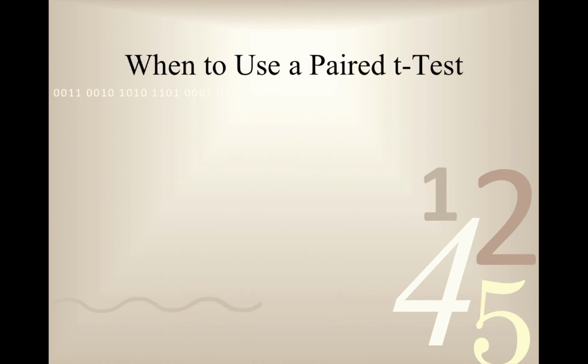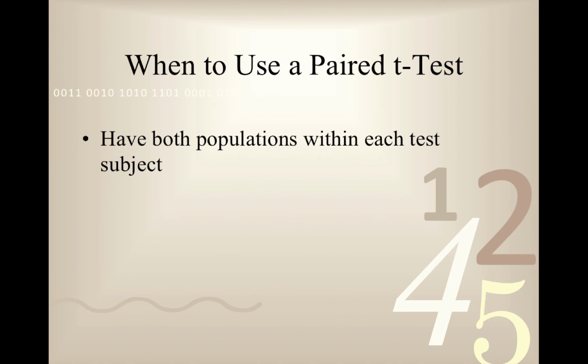All right, so here's the million-dollar question. When do you use a paired t-test? So on the homework, when I mix up all the different two samples, so you've got two sample t and you've got paired t, how are you going to know to use a paired t-test? You have both populations within each test subject.